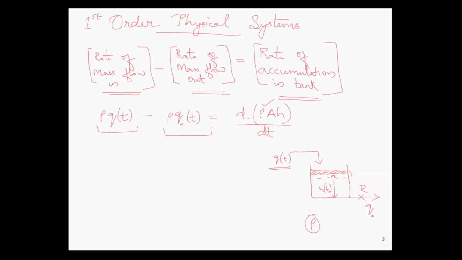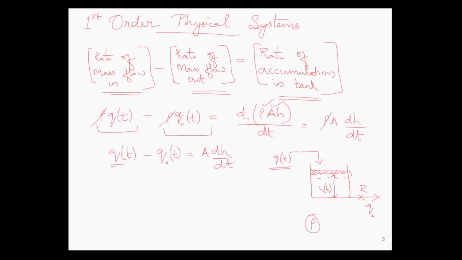Since rho and area are constants, we can take them out, and this will be equal to rho A dH/dt. We can cancel the rho in all three terms, and the equation becomes Q(t) minus Q naught(t) equals A dH/dt.